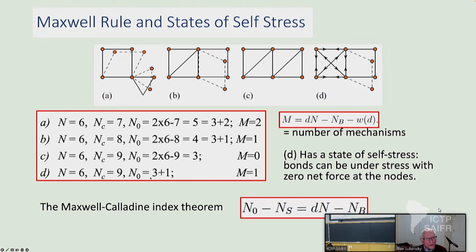The number of zero modes is equal to 3 plus 1, because I have this zero mode, and M equals 1, so we've violated the relation that N0 is equal to dN minus NB minus the number of rigid translations. Something's wrong. So what's wrong is that this has another property.